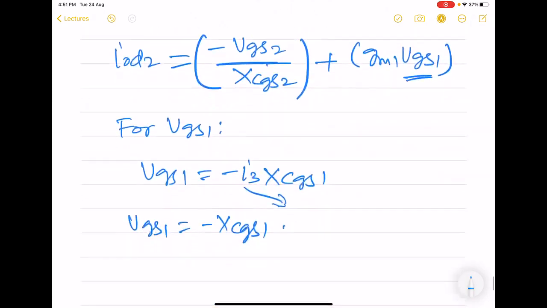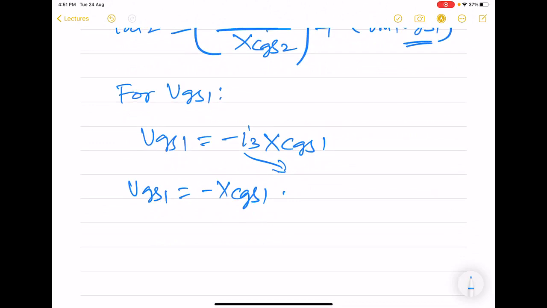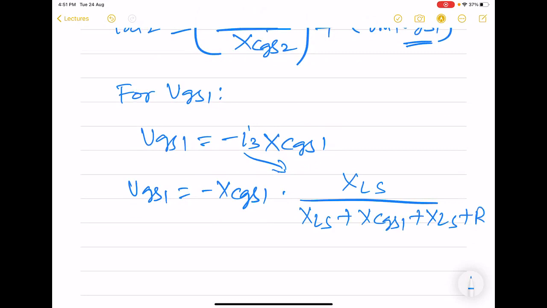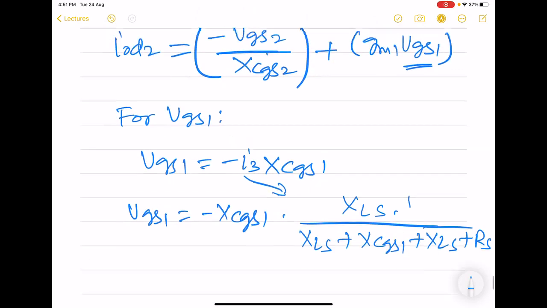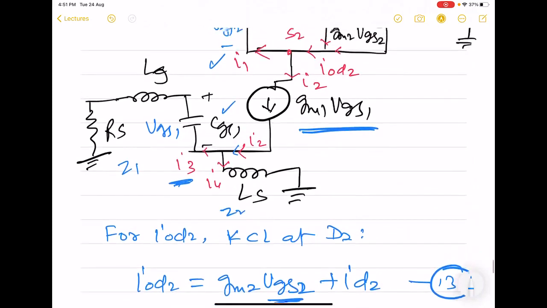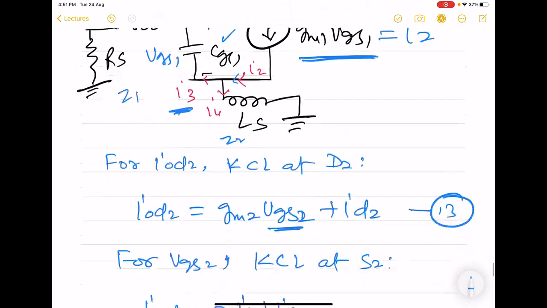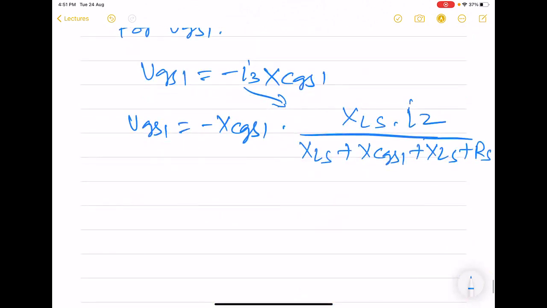So we know that I3 will be X_LS, the impedance 2, divided by impedance 2, that is X_LS, plus impedance 1, which is X_CGS1, X_LS plus RS, and the incoming current, which is I2. And what is I2? I2 is gm1 VGS1. So this is I2.